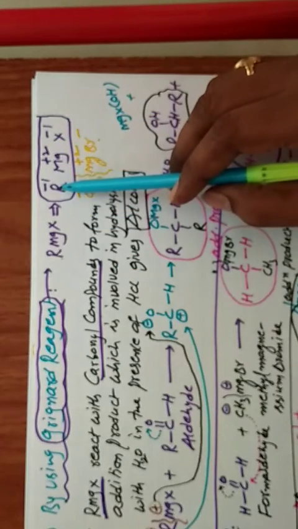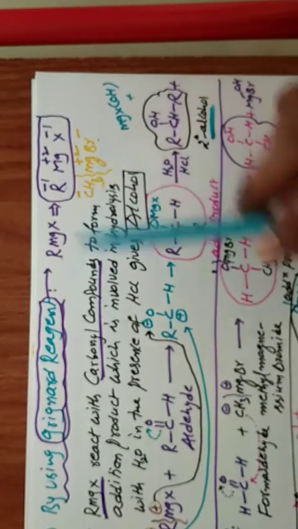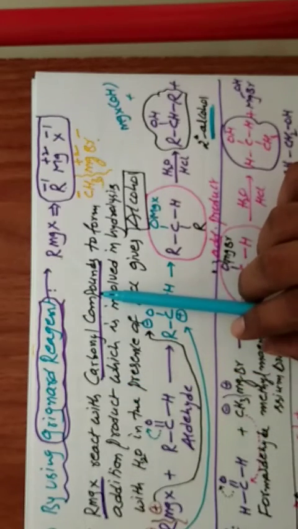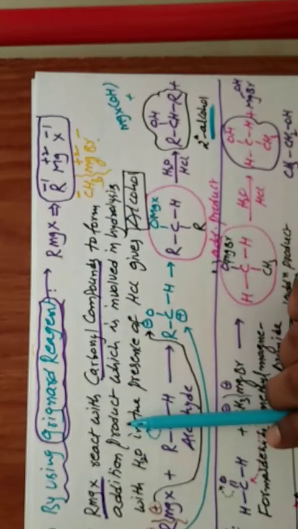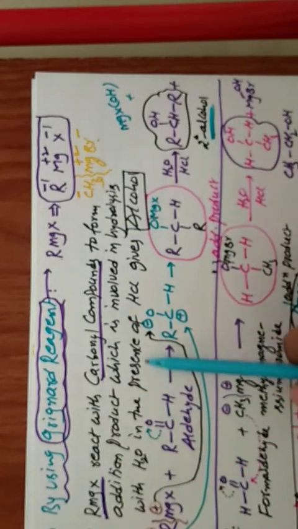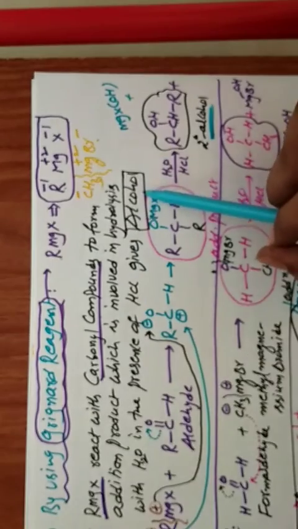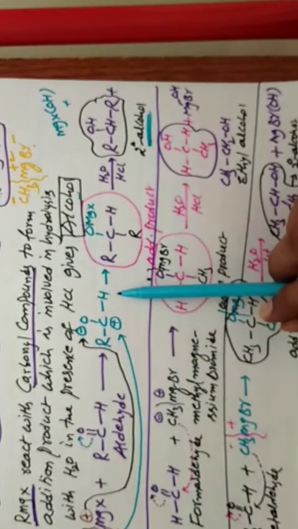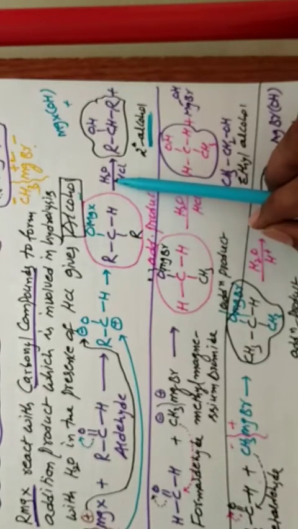That's why R minus is involved in the chemical reaction. So RMgX reacts with carbonyl compounds to form addition product, which is involved in hydrolysis with water in the presence of HCl to give alcohol.